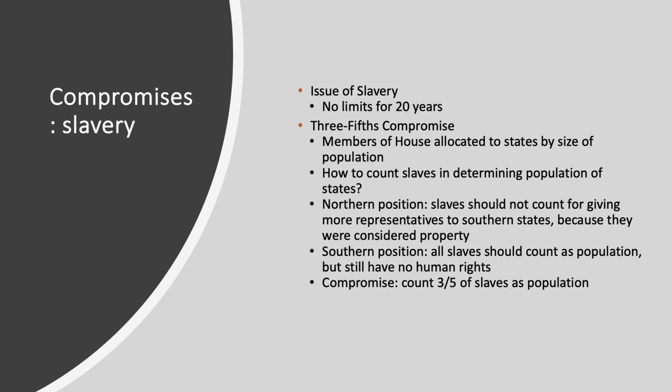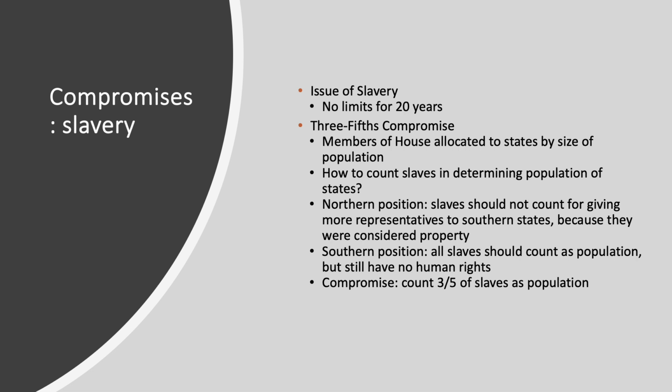It created something called the 3/5 Compromise, which addressed the problem of how to allocate members of the House of Representatives to the states if some of the states had enslaved people and others did not. In other words, how should the enslaved population be counted in determining the population of a state?